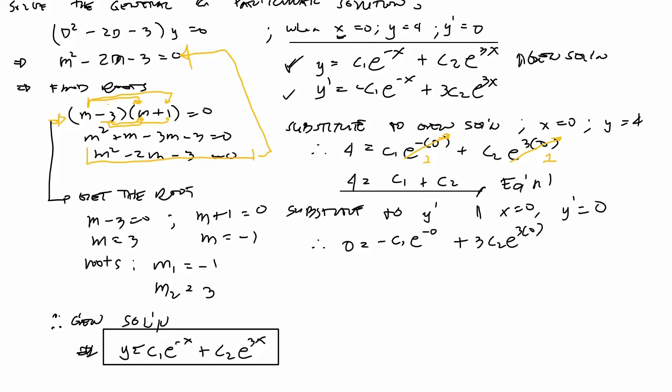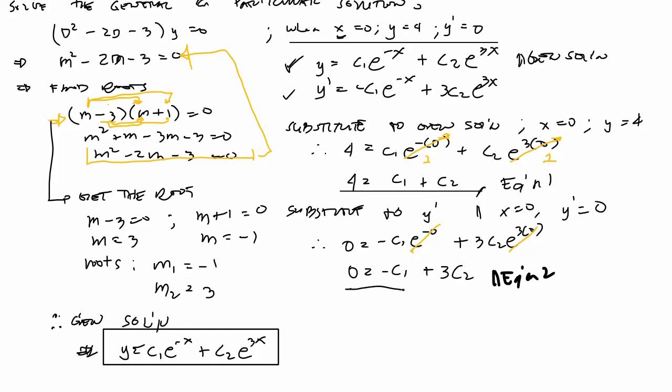Once again we can cancel this out since e raised to 0 is just 1. So simply we have 0 is equal to negative C1 plus 3C2. So we have two equations, two unknowns.